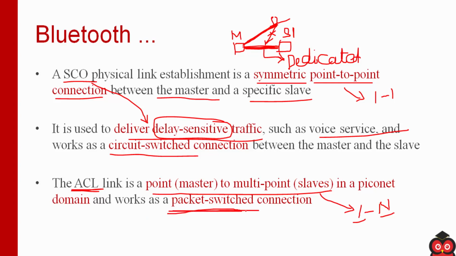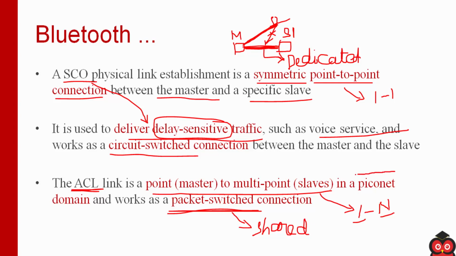This kind of connection is called packet switched connection. That means the same link is shared by multiple slaves. It is not a dedicated connection. The same channel or connection is shared by multiple slaves.